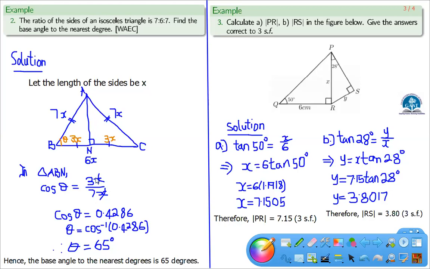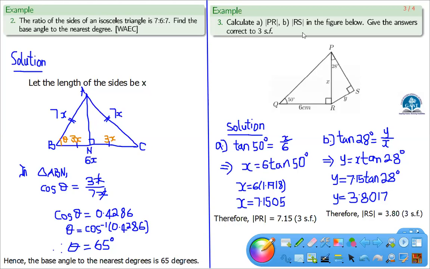Since x is common to both, we factor it out, and dividing 3 by 7 gives 0.4286. Therefore, cos theta is equal to 0.4286, while theta is equal to the cos inverse of 0.4286, which to the nearest degree is 65 degrees. Hence, the base angle to the nearest degree is 65 degrees. Very simple.